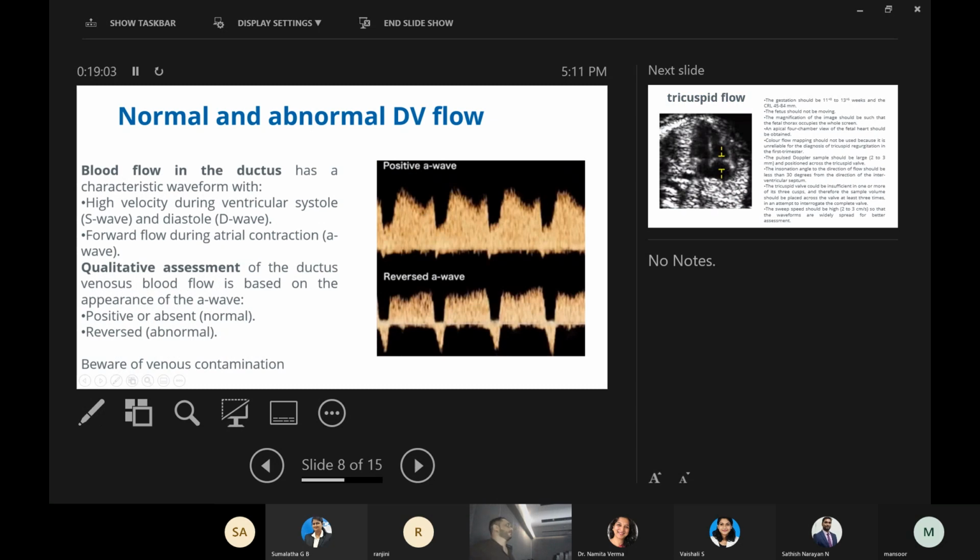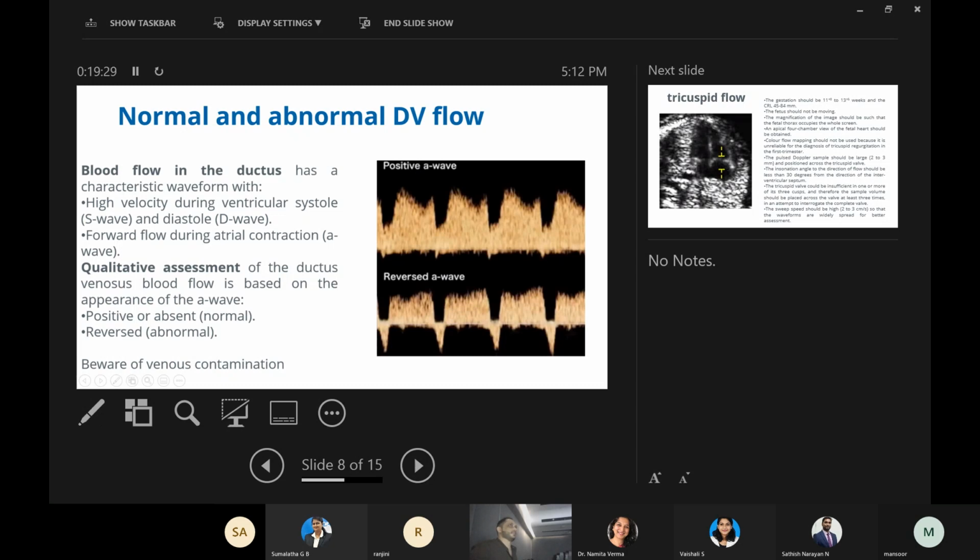Now, some of you are giving the M pattern in ductus venosus. So I searched some of the articles for what the M pattern is. They have described it, but they have described it as a marker for FGR. So later you can let me know if there is something else about the M pattern. But what is described in the standard guidelines is to look for the A wave.